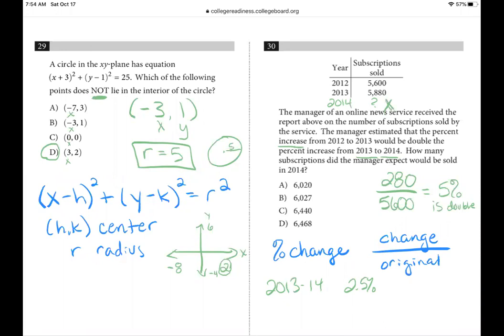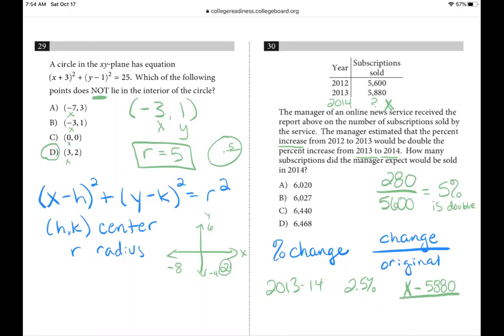So if I know to calculate percent change, I need to find the amount of change. I need to subtract 2013 subscriptions, so that would be 5,880, from the 2014 subscriptions.